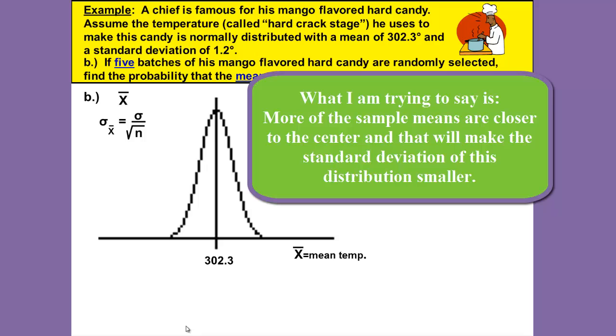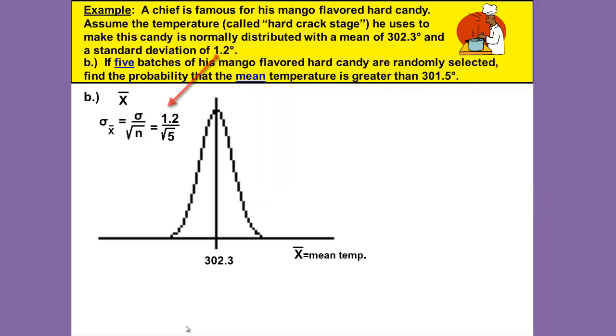We have to make adjustments to the standard deviation because a batch of 5 will have a mean temperature closer to the center. And since it's closer to the center, we have a smaller standard deviation. So we take 1.2 and divide by the square root of 5. That gives us 0.5367.